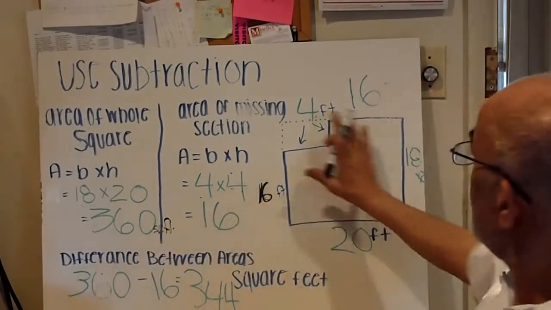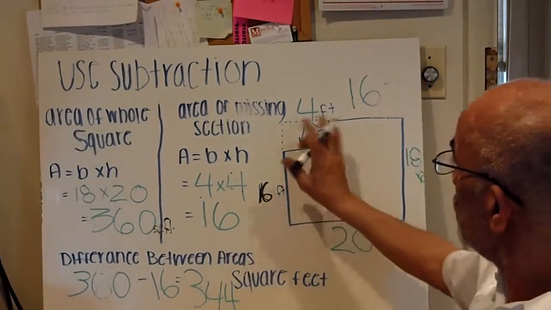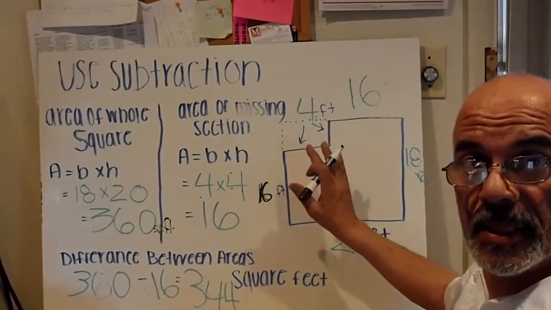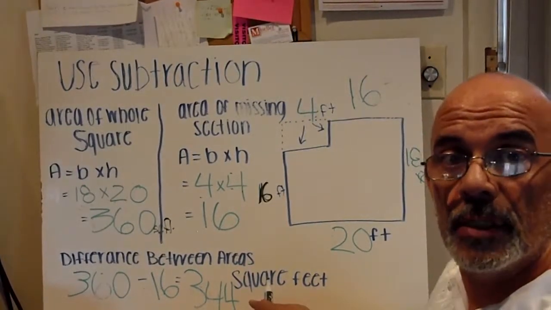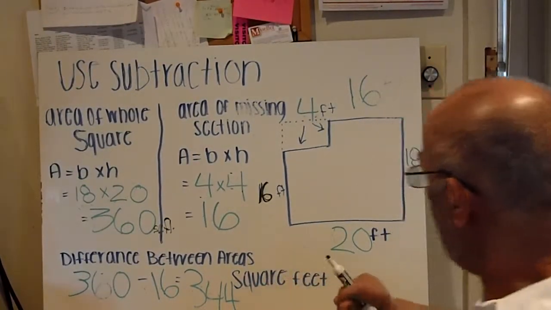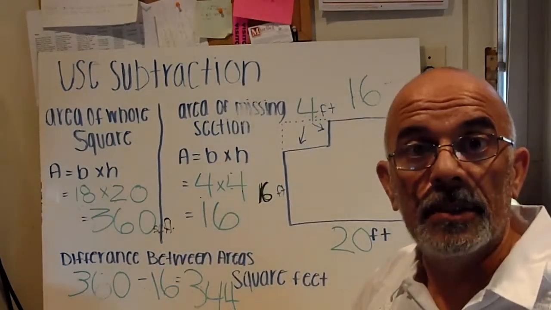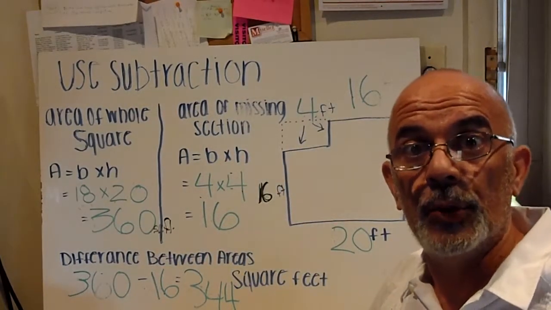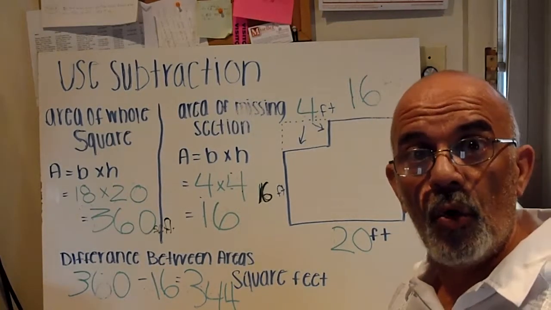So we have 360, the total area, minus the 16. Let's take out this little piece. 16 square feet will give you 344 square feet. Now we know how to figure out area using addition or subtraction.